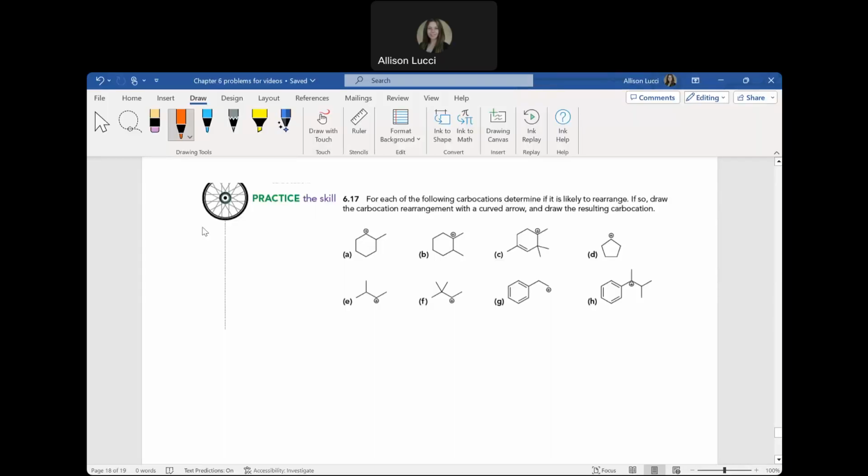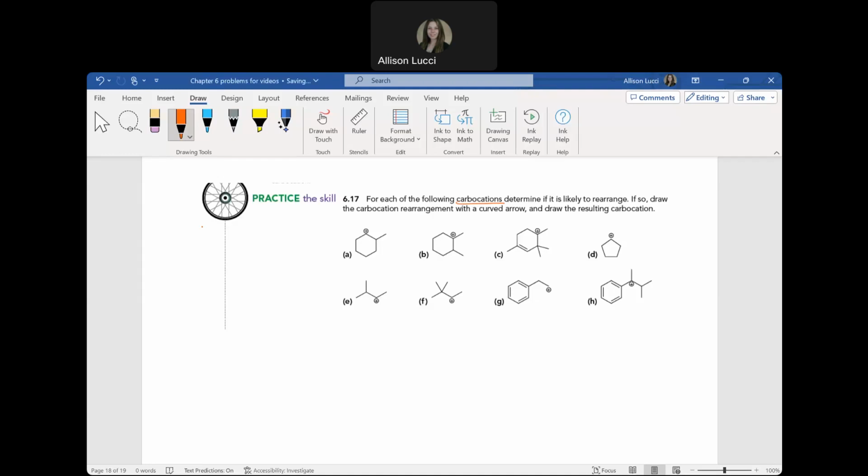For problem 6.17, we're going to focus on carbocations, and specifically our process of determining if they are likely to rearrange. So first, we'll consider what type of carbocation we have.